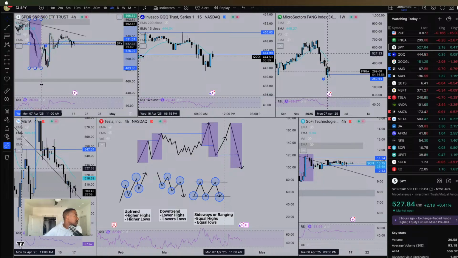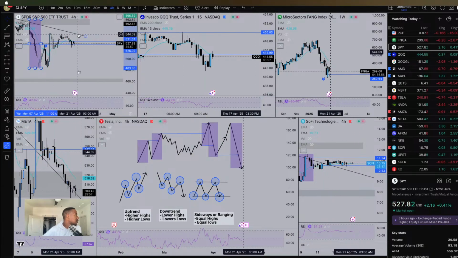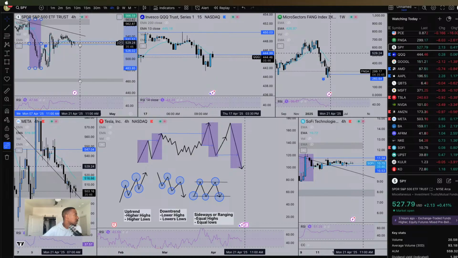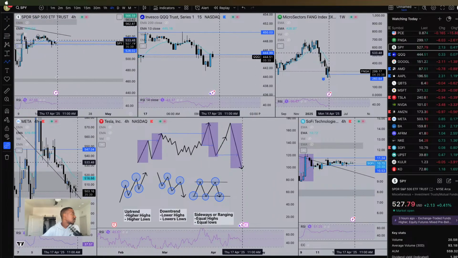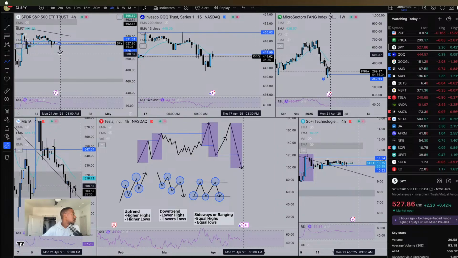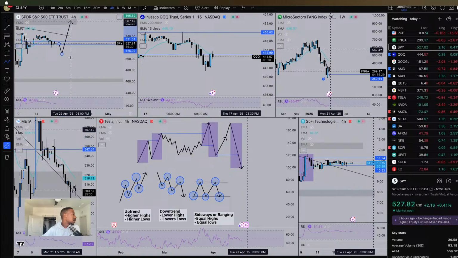And honestly, if this were based off the 4 hour, we would probably come back up a little bit higher than this 448 before making a new low. So if I had to make a prediction of what the market would do from here, just with market structure, short term we could come and make a new low over here. But ideally, we come back up here. This is where we want to take our short.